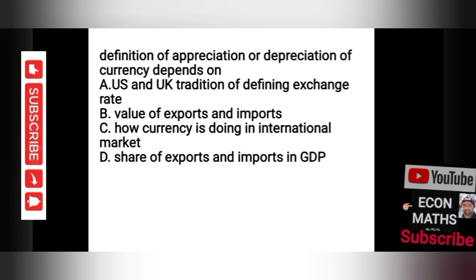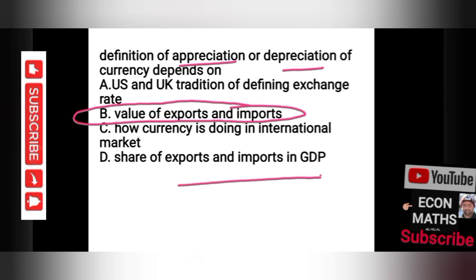So the correct option in this case is value of exports and imports. What US or UK define the exchange rate will not have any effect on the appreciation or depreciation. Share of exports and imports in GDP will also not define the appreciation or depreciation of the currency. I guess the only option that is correct is the B option, that is value of exports and imports.